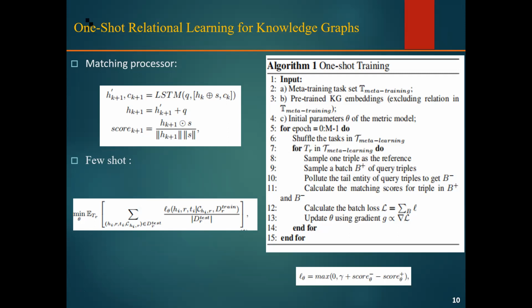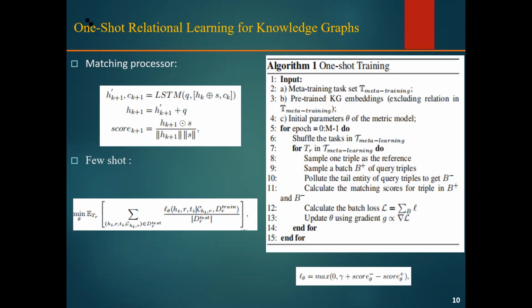S is the concatenated neighbor vector for the reference, and Q is the concatenated neighbor vector for the query pair.